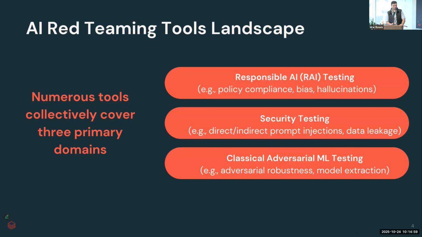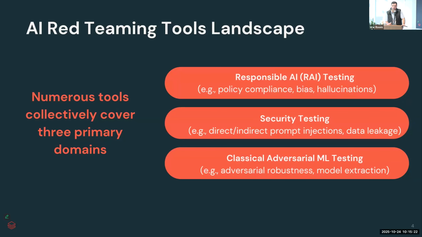So starting with the motivation. There are many great AI red teaming tools. For example, you just saw Pirate. This is one that's included in the toolkit. And we can classify them into three primary domains. The first being responsible AI testing. This was outlined previously, but this is policy compliance, bias, and hallucinations.